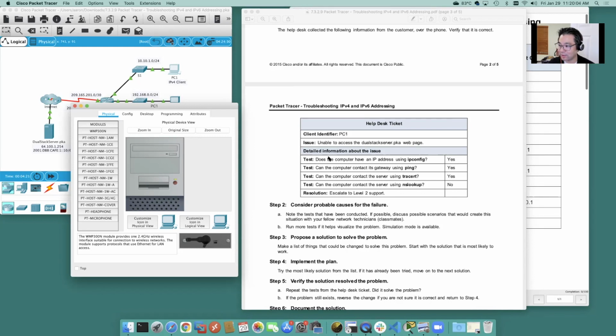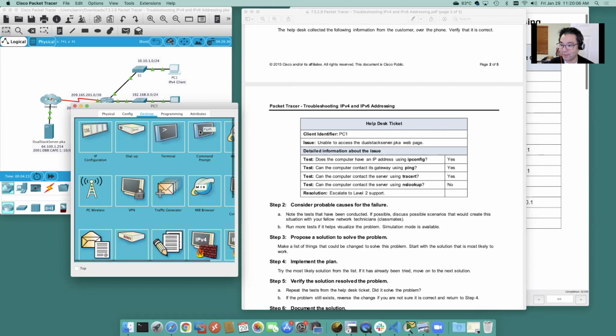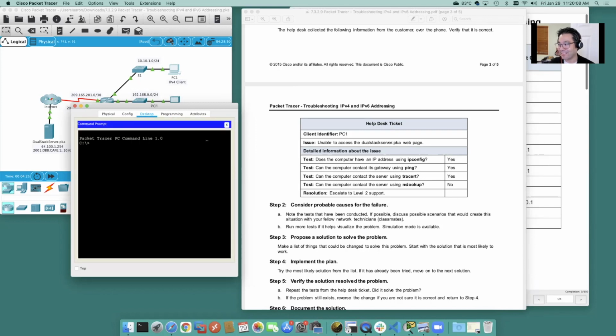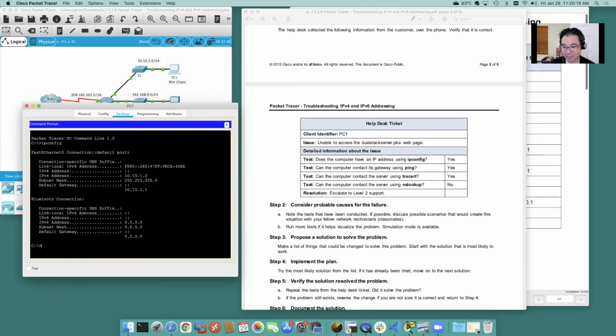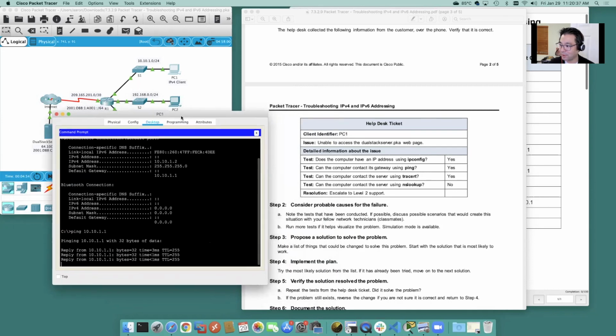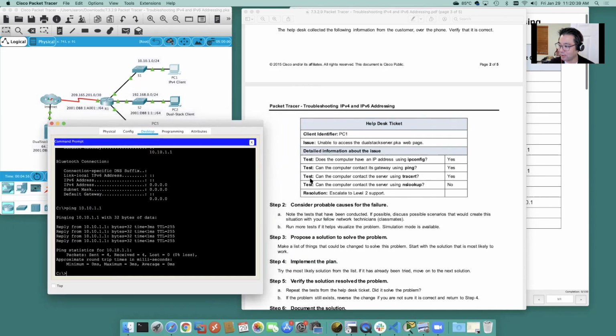Does the computer have an IP address? I know the ticket says yes, but let's just verify. Okay, yes, IPv4 address. You've got your proper subnet mask in. Default gateway is there. Can you ping the gateway? Can you ping the front door? Okay, 10.10.10.1, that is looking good.